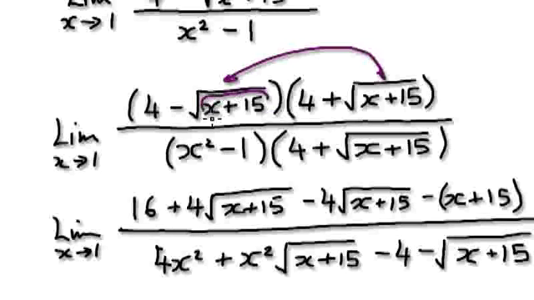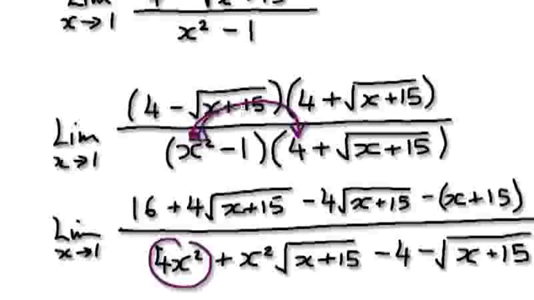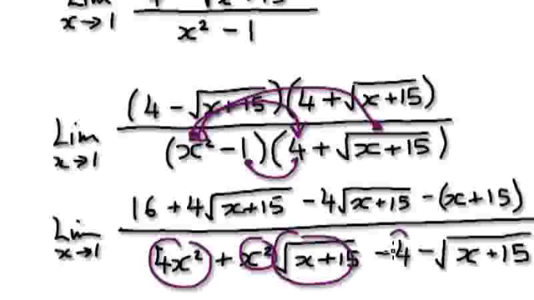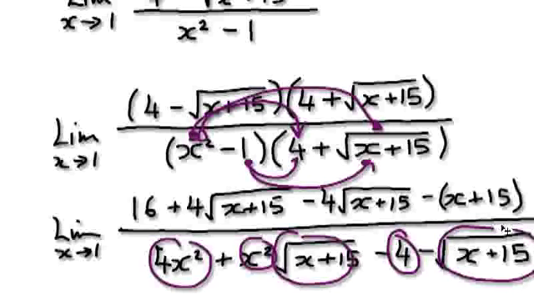That would be a nice neat bubble here. And then at the bottom I did the same thing. So this times this will give you 4x squared. This times this here will give you x squared times this thing here, and then this thing times this thing here will give you minus 4. This thing here times this thing here will give you this.